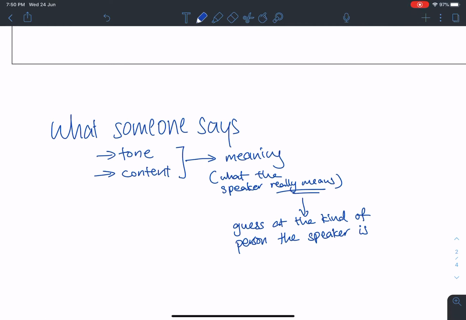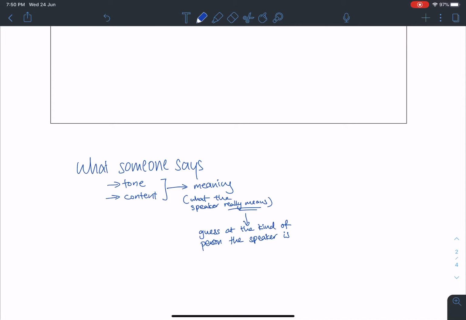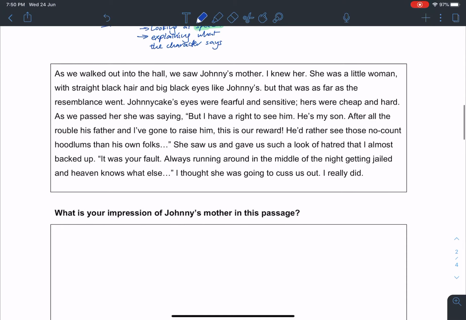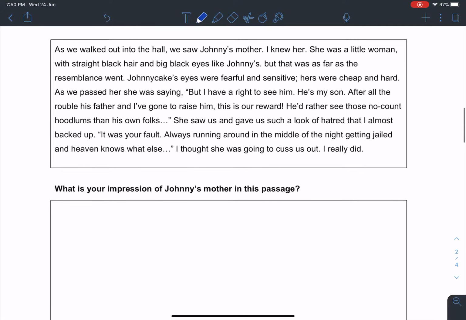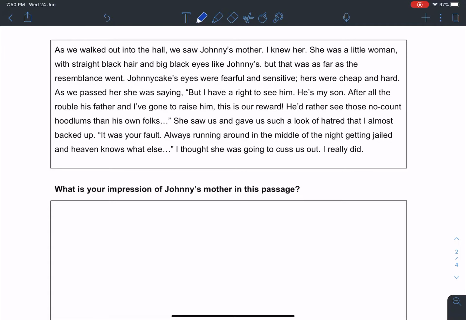We were trying to figure out what kind of person Johnny's mother is based on what she's saying. So if you will look at me, we're at the passage. We are looking at Johnny's mother, and at this point, if you haven't already read the passage, please pause and read the passage. In a few seconds, I will continue to annotate and figure out what's going on.